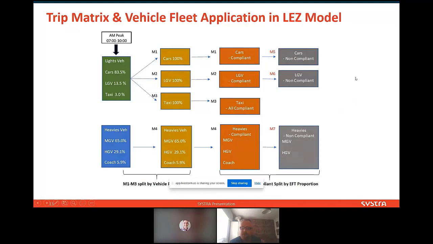What we can see from that, once you go from a 2 matrix level to a 7 matrix level, is that matrix 1, 2, 3, and 4 are compliant vehicles, and matrix 5, 6, and 7 are non-compliant. By doing this, you have a lot of control over how you model these trips.